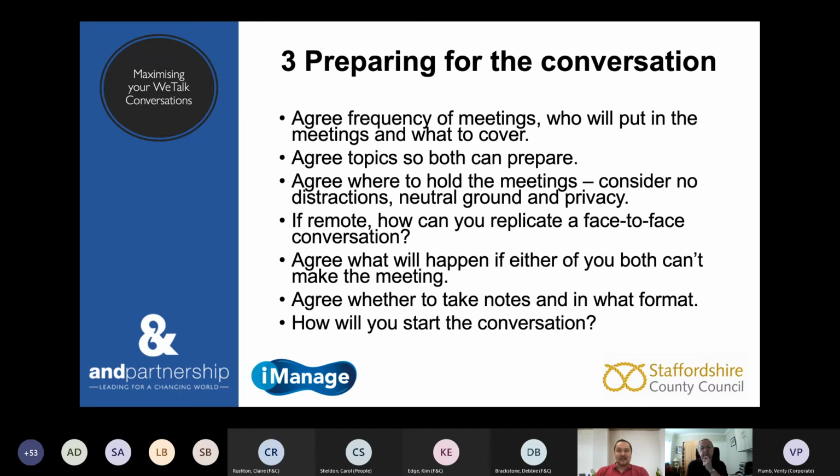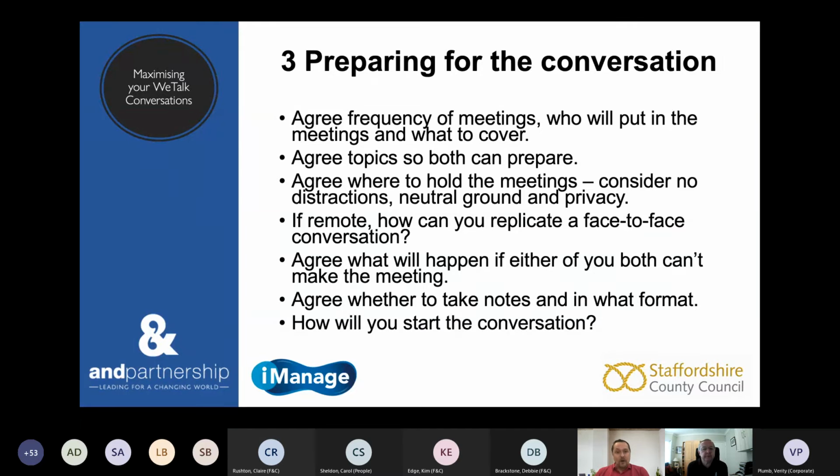You don't want to make the colleague feel as though they're just being talked at. It's really important that the conversation feels driven by the colleague, or at least equal.